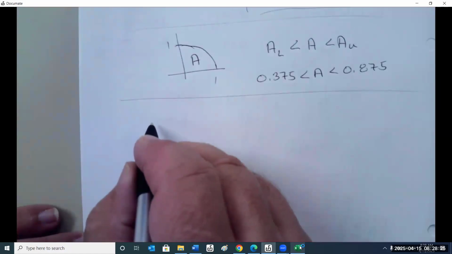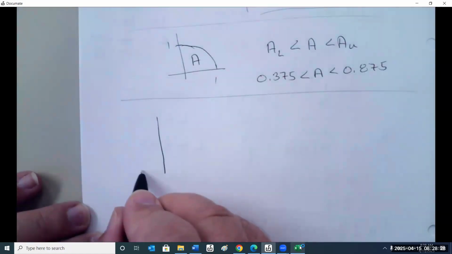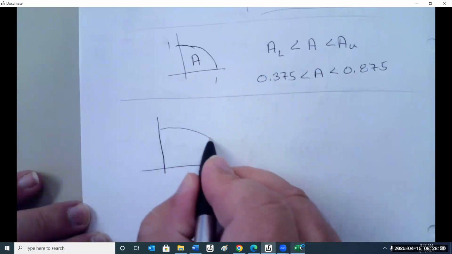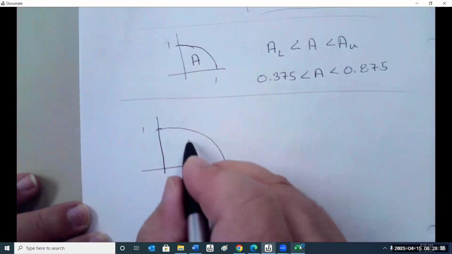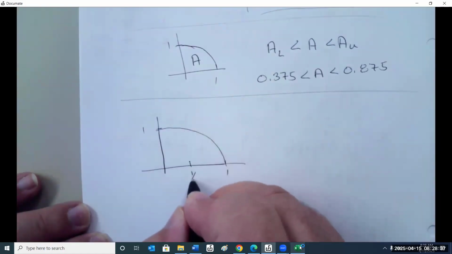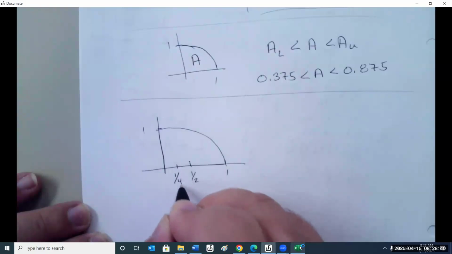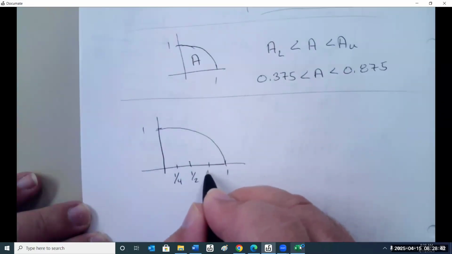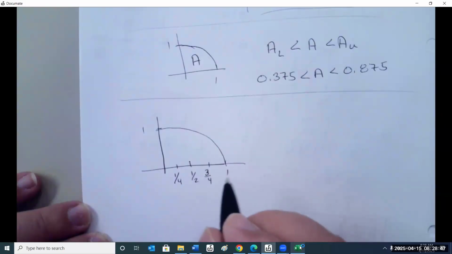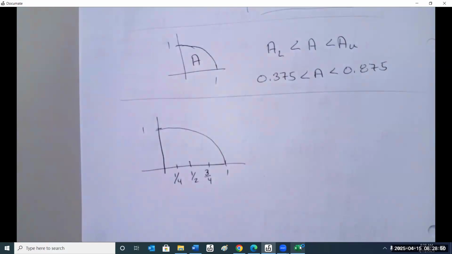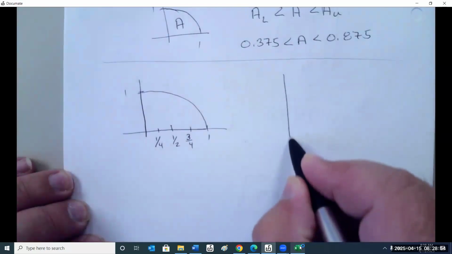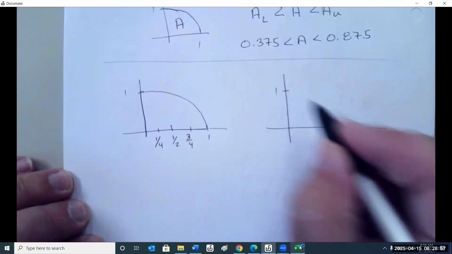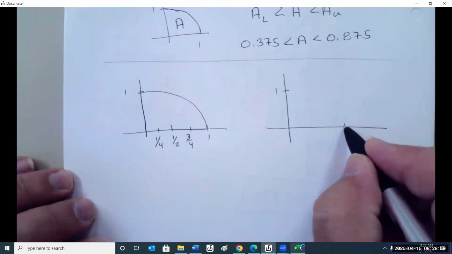So what we're going to do now, instead of 1/2, we're going to take 1/4. There's 1/4, 2/4, 3/4. I'm gonna do them both on one.